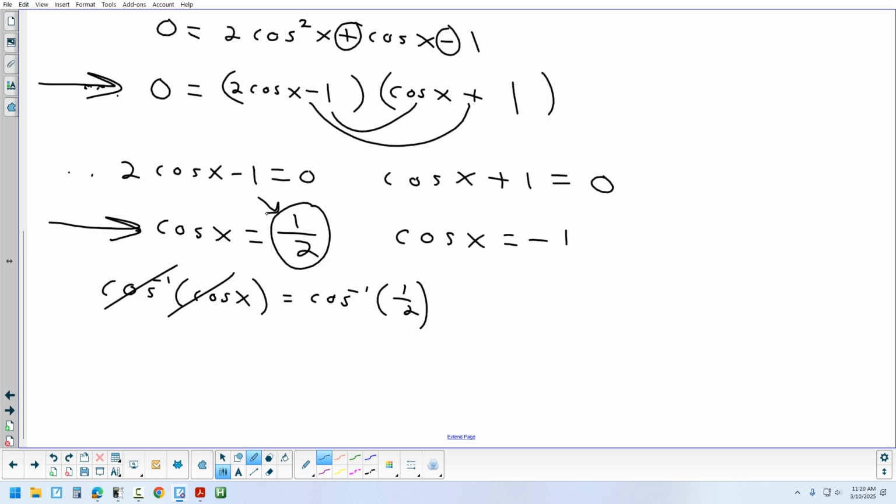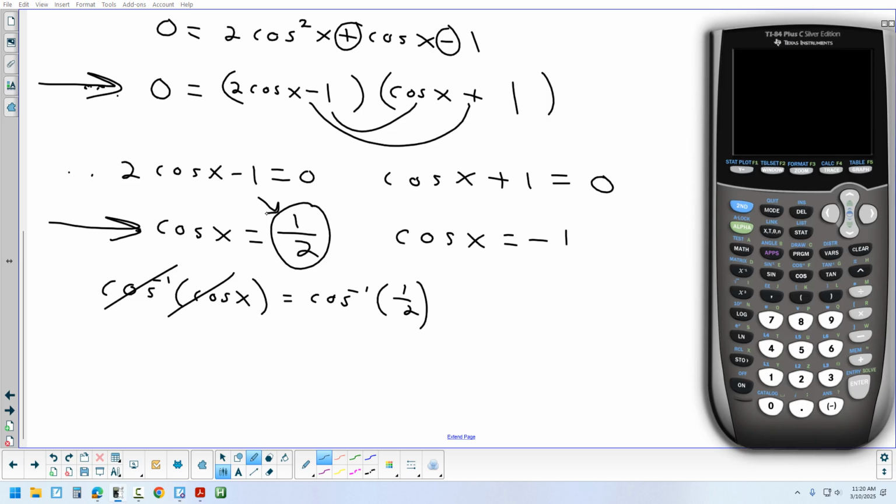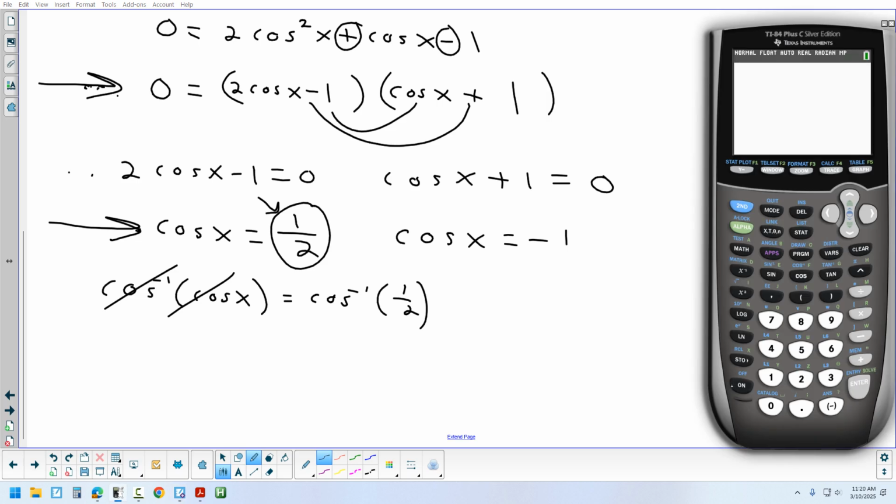I know this is going to come out to a nice answer because it's a 1/2 that I'm doing inverse cosine of. So on my calculator, inverse cosine. I know they want the answer in radians, but I'm going to do it in degrees, and then I'll fix it. Okay, 60 degrees.